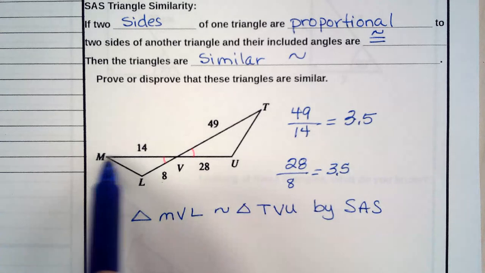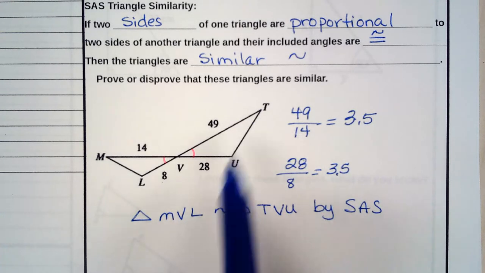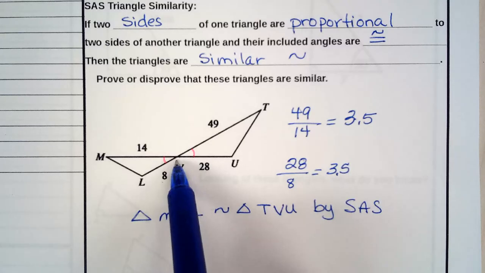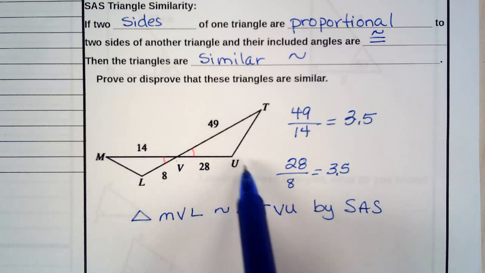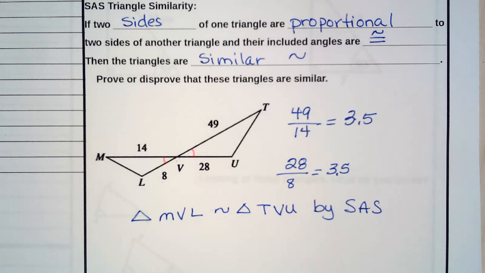If you notice, M to V is the largest side, T to V is the largest side, V to L is the smallest side, V to U is the smaller side that we know, and they are similar.